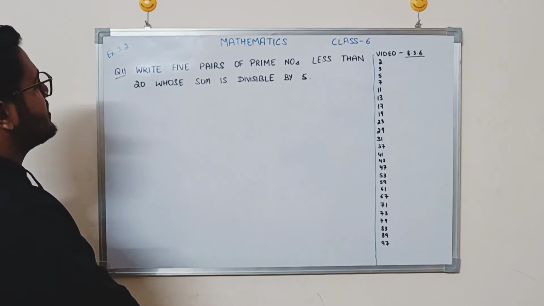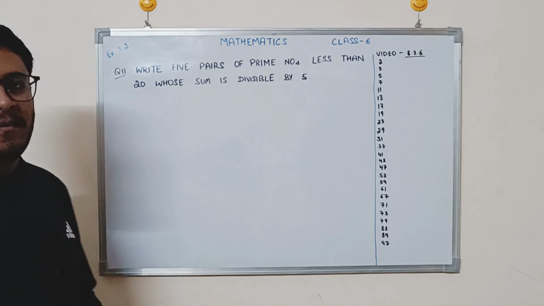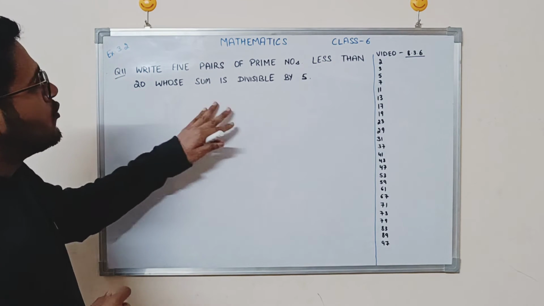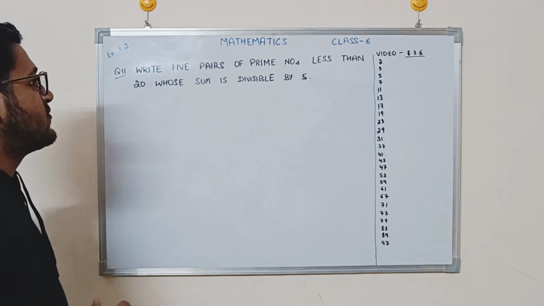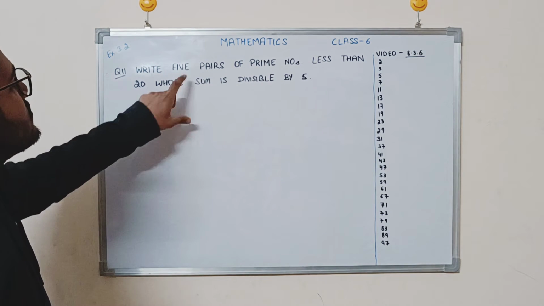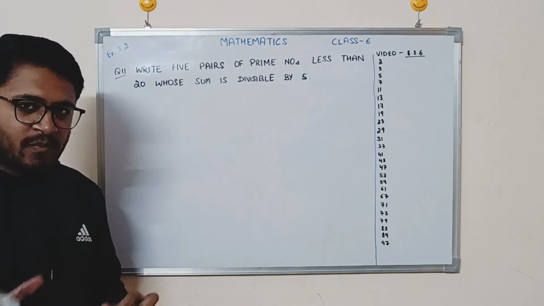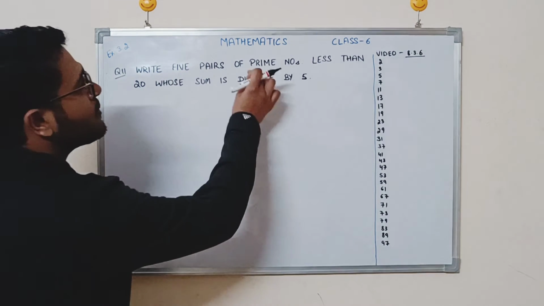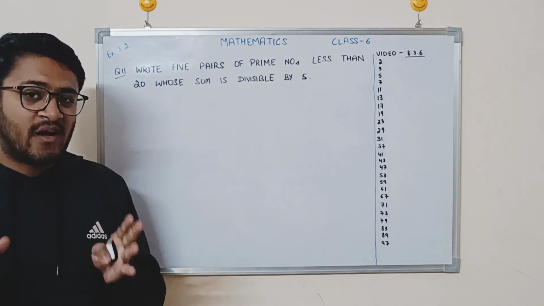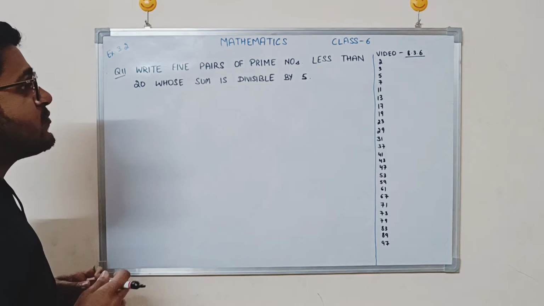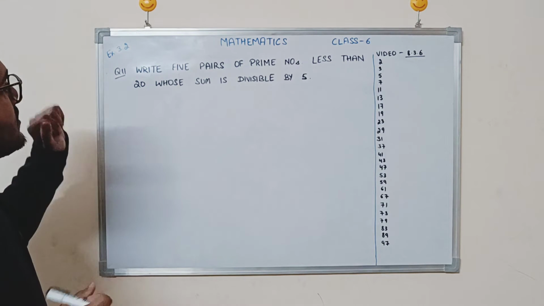So question number 11 is, write 5 pairs of prime numbers less than 20 whose sum is divisible by 5. So what we need to do is find 5 pairs of what? Of prime numbers. So we will find 5 different pairs of prime numbers which are less than 20.